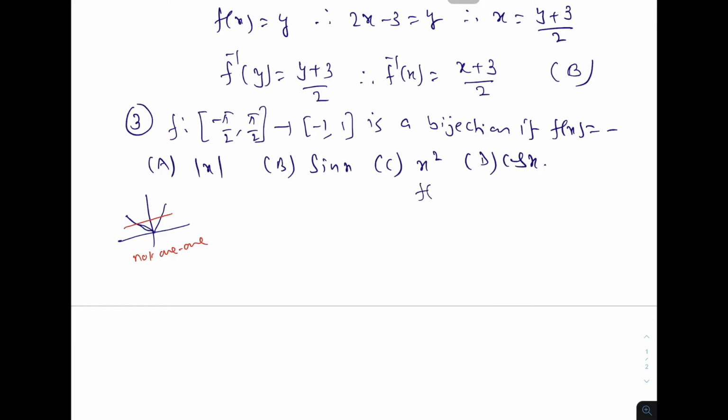We easily have the idea here that, suppose f of minus pi by 4 is the same as f of pi by 4. So at two different points you are having the same value. Similarly, for cosine x also, the value of f of minus pi by 2, both are included, and f of pi by 2 are the same, so that is also not one-one.